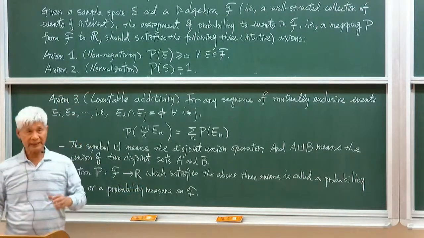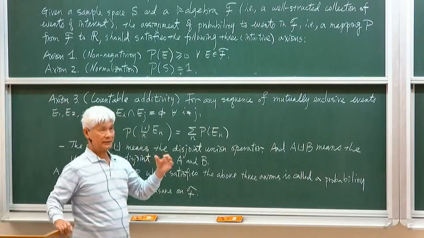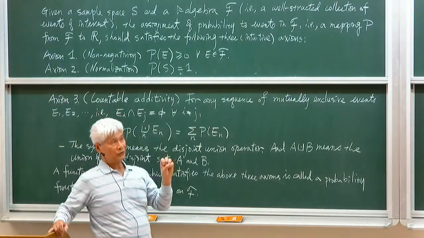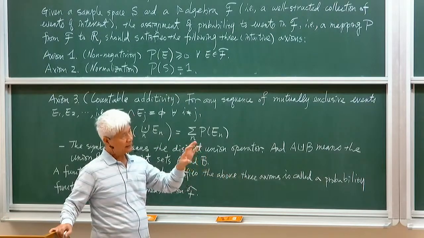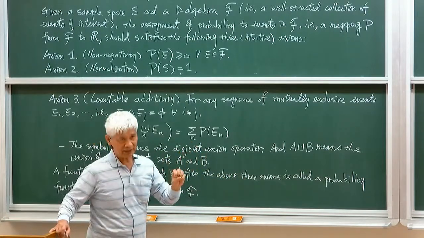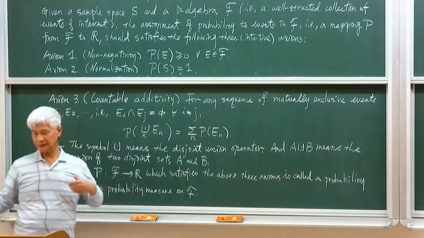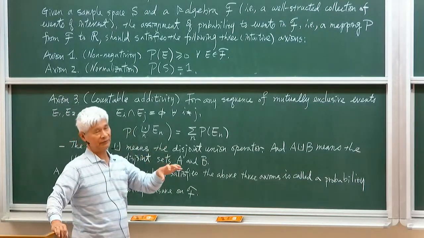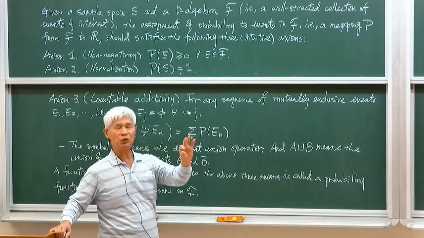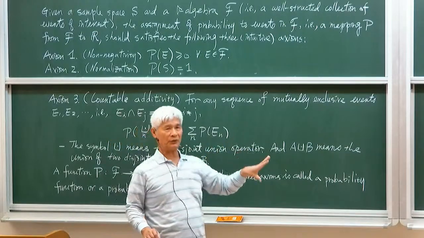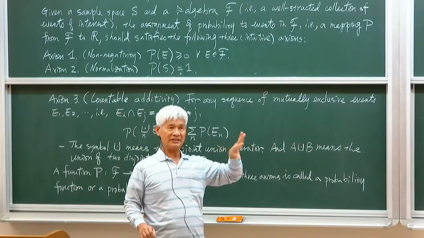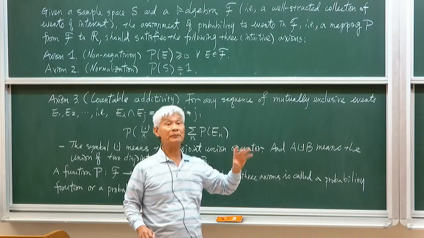For example, last Tuesday I showed how to flip two coins, right? In general, the central government makes every coin fair. So if you flip one coin, the two faces will appear equally probable, right?